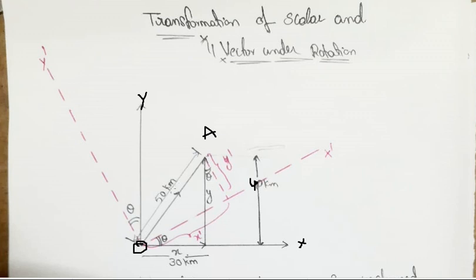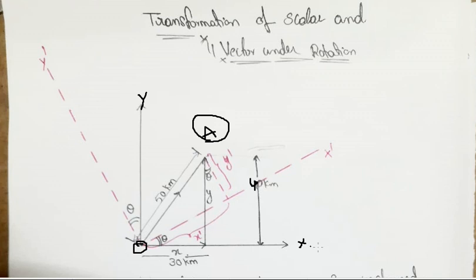The magnitude is the same, as we discussed in our previous class, 50 kilometers. But I'm moving 30 kilometers in the x direction and 40 kilometers in the y direction, whereas my friend took a different path, an x dash distance in the x dash plane and a y dash distance in the y dash plane, but we reached the same point A. So the magnitude is the same, but the components of the vector change with respect to me and my friend.